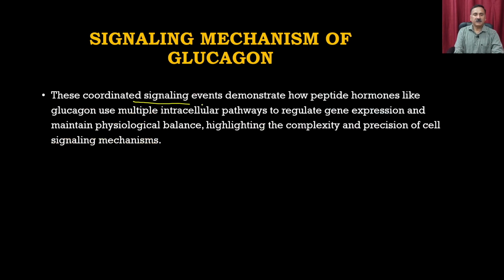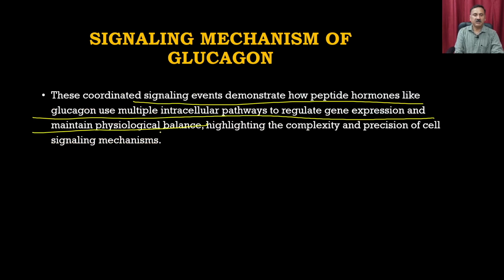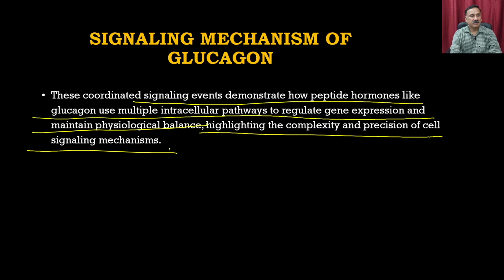These coordinated signaling events demonstrate how peptide hormones like glucagon use multiple intracellular pathways to regulate gene expression and maintain the physiological balance, highlighting the complexity and the precision of the cell signaling mechanisms.